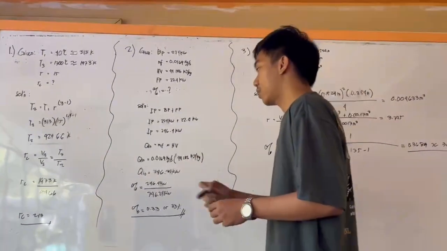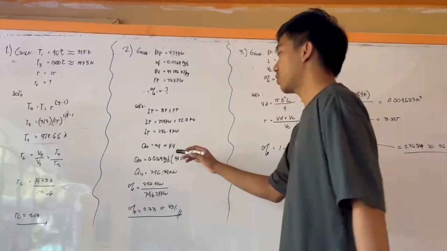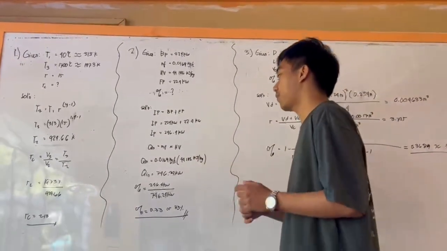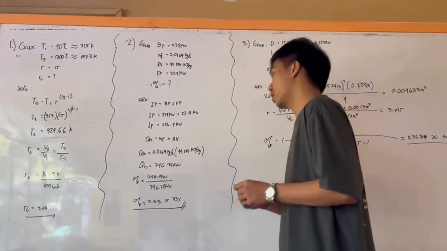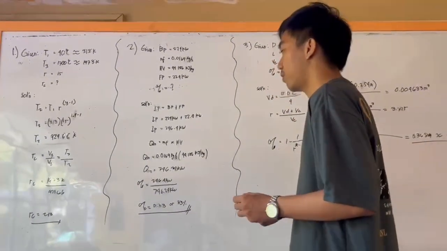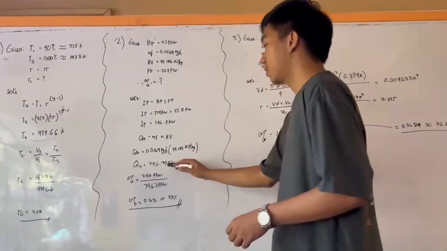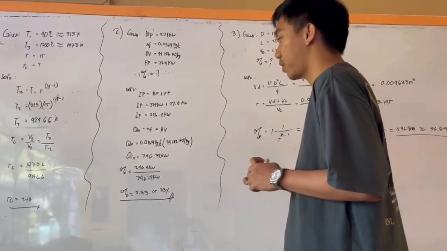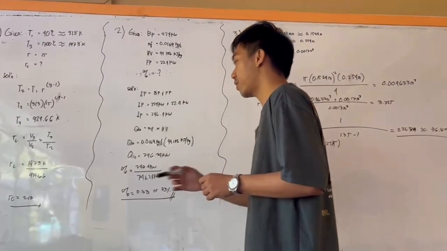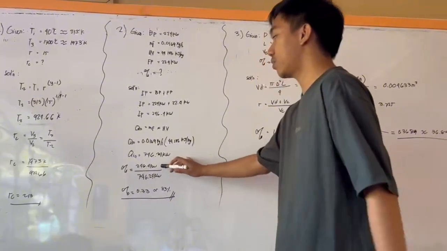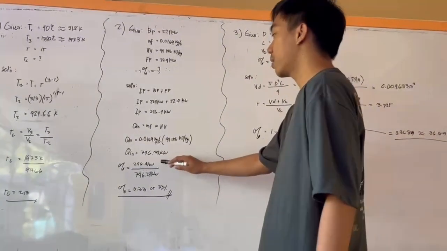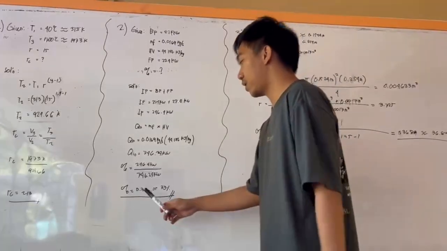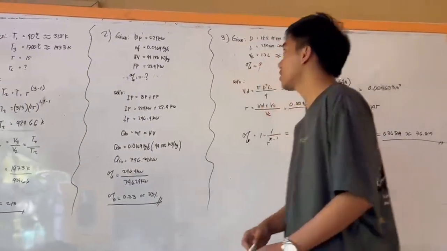So QIN equals 0.0169 kilogram per second multiplied by 44,186 kilojoules per kilogram, and we have a QIN of 746.24 kilowatts. And for our efficiency, we just need to plug in 246.4 kilowatts and 746.24 kilowatts. So we have a 33% efficiency.